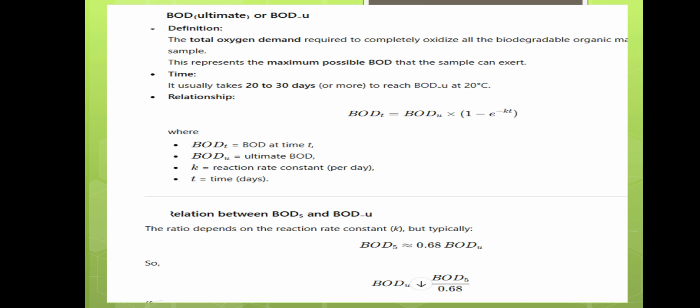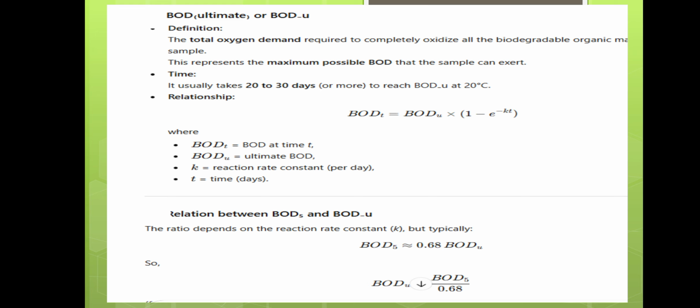T represents the time, and K represents the deoxygenation factor, or deoxygenation constant.